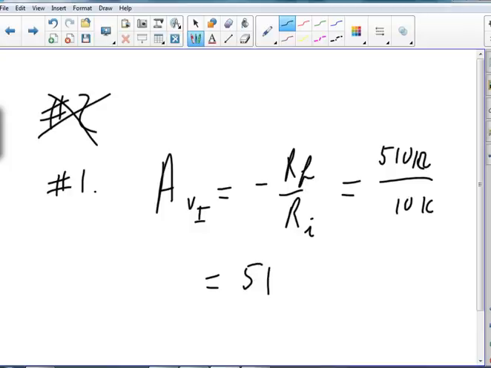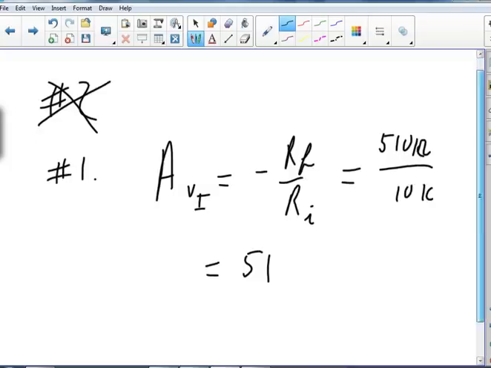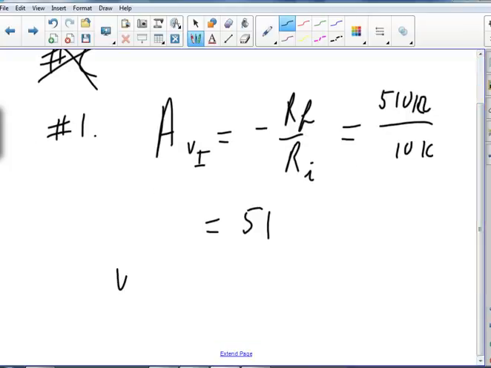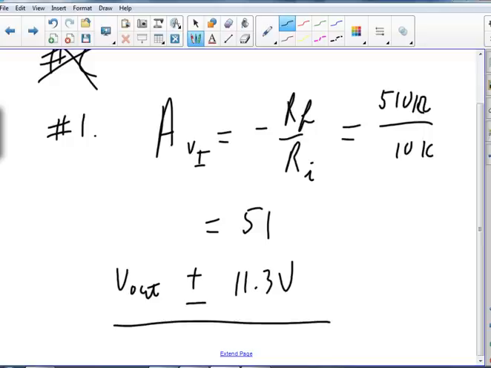All right. Calculate the gain. And what's going to be the output? Okay, so my output voltage, V out, can be plus or minus 11.3 volts, because there's a limit in the circuit that's going to do that.